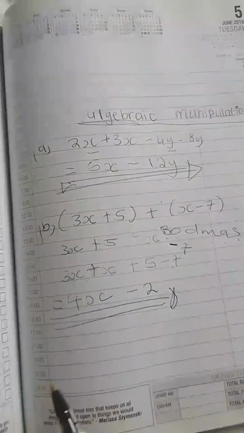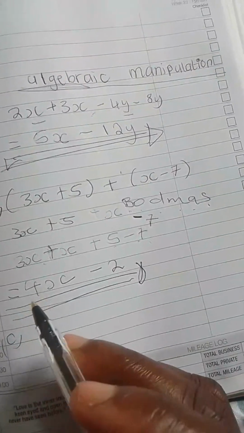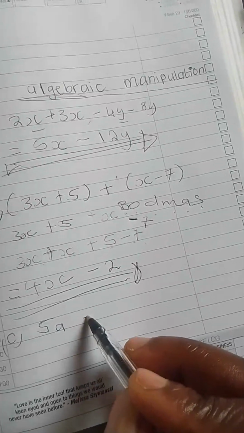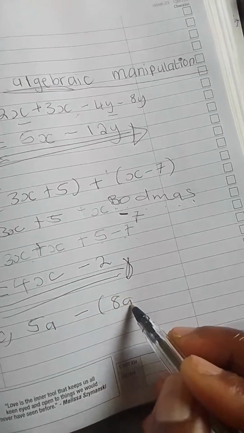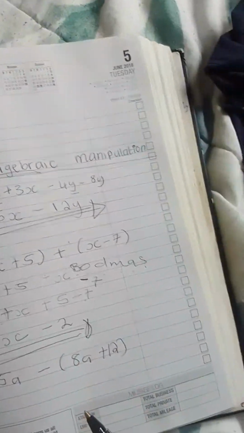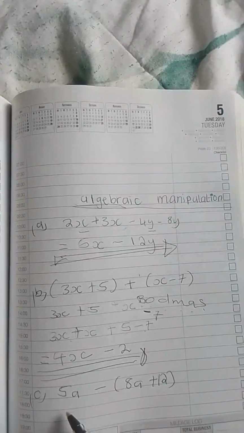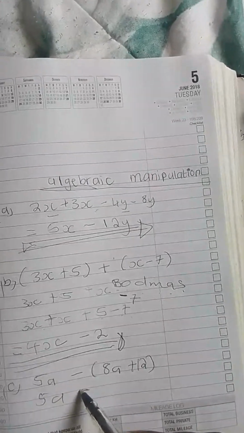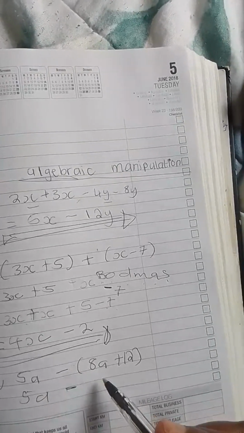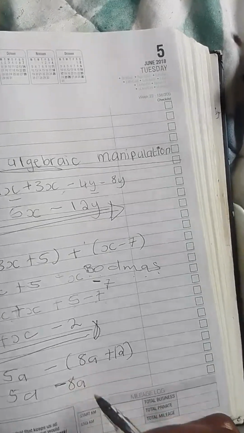Okay, let's try C. We have 5a minus 8a plus 12. The first thing you have to do is solve out the bracket. Then you write 5a, minus 1 times positive 8a, you end up with minus 8a.